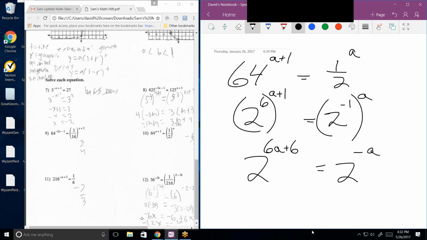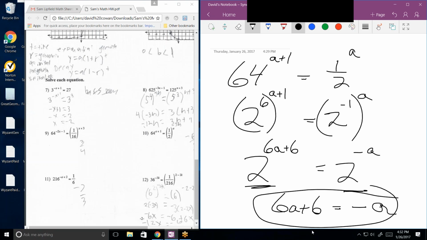Okay, now I've got my same bases, so equate exponents. What's the next line? 6a plus 6 equals negative a. Okay, and then we'll stop there. I'm going to trust you know how to do those easily enough.